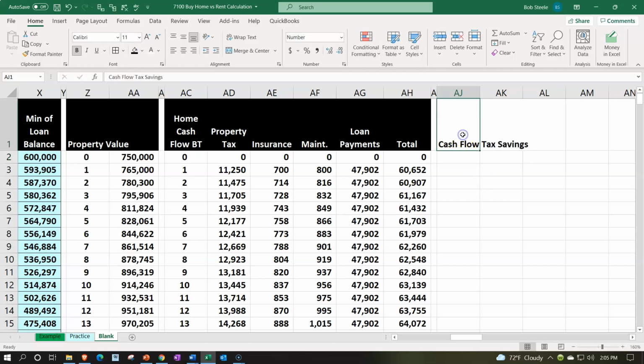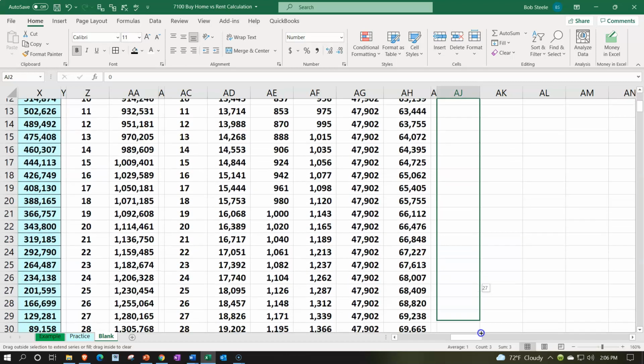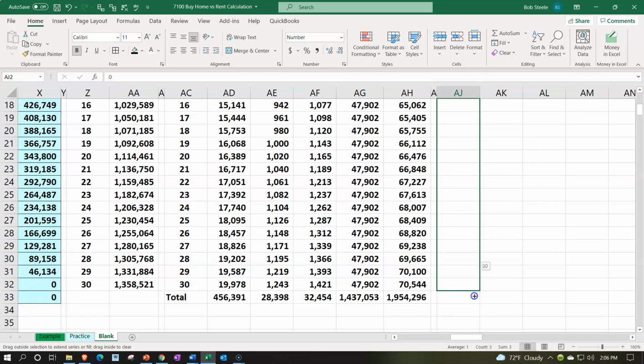See if I can wrap that without it getting too messed up. Let's try to go over here and do the format painter. Format painter, there we have it. We'll bring this on down from 0, 1, 2 once again, down to 30 years, looking at it on a year-by-year basis, down to 30, center it.